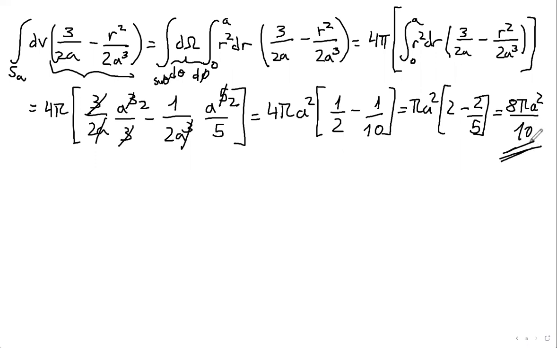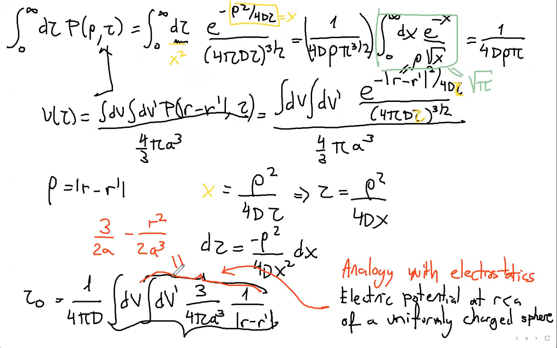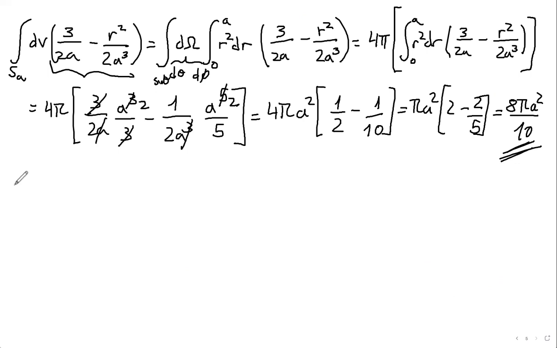This gives us tau 0, almost, because here I was integrating this, so I have to divide by 1 over 4 pi D, the diffusion coefficient. It is divided by 5, not 10. Sorry? It is 8 over 5.